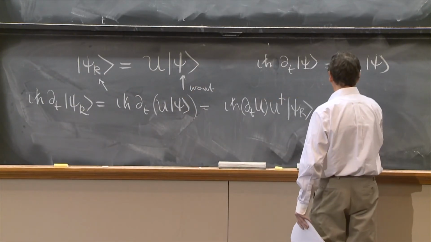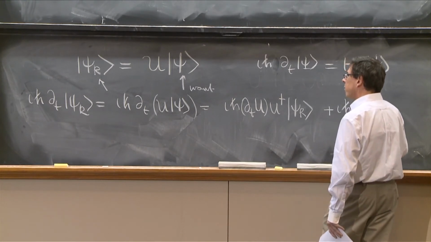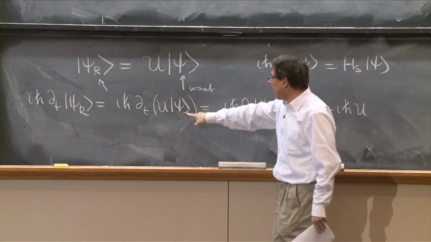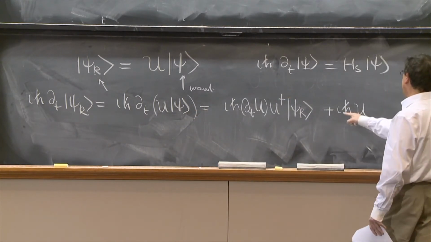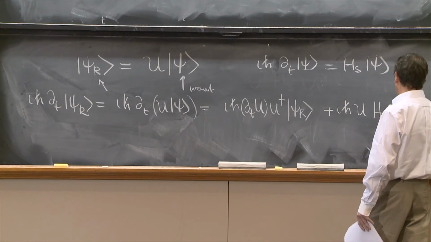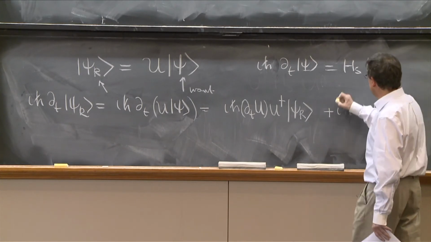So I get plus i h bar, the U goes away, and now I get d/dt of psi, which is i h bar d/dt of psi is Hs on psi.